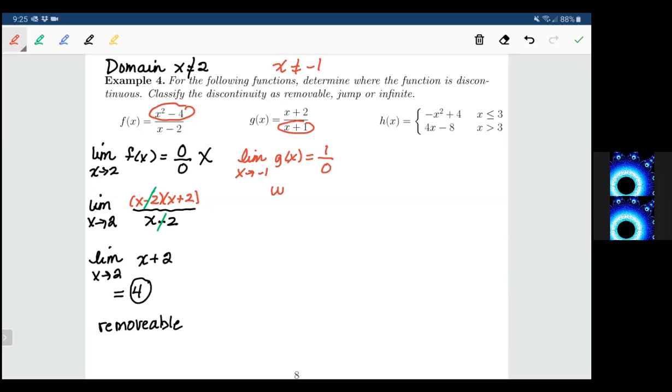And this is undefined. And there's no way that we can manipulate this function like we did for f to remove that. So this is an infinite discontinuity.